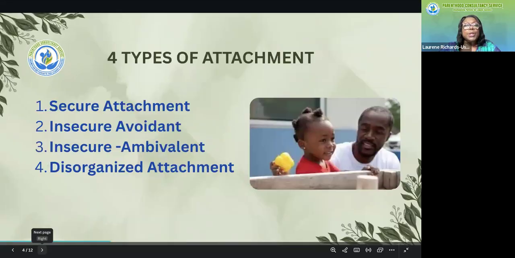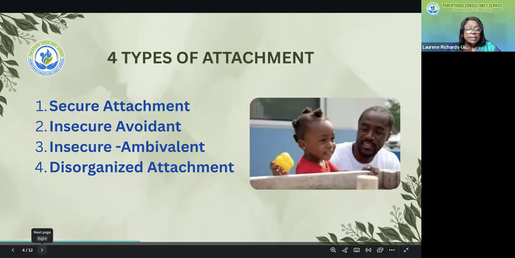And so we're going to look at four types of attachment. Number one, secure attachment. Number two, insecure avoidant. Number three, insecure ambivalent. And number four, disorganized attachment. Let's go in depth with each one of these.